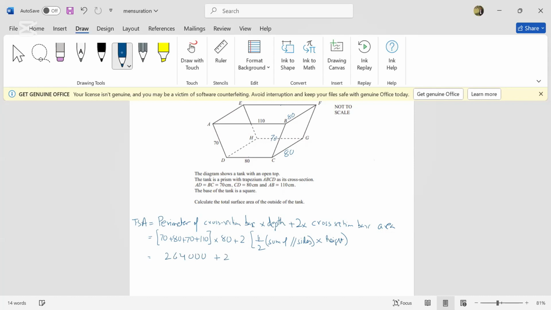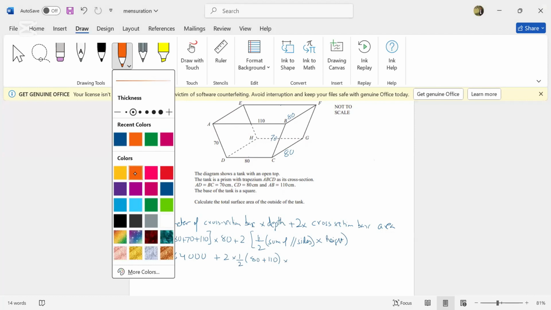Let's fill in the values. The sum of parallel sides is 80 plus 110. Now, the height of the trapezium is not given to us, so we need to get the height of the trapezium. And this is the most important point which has to be understood.